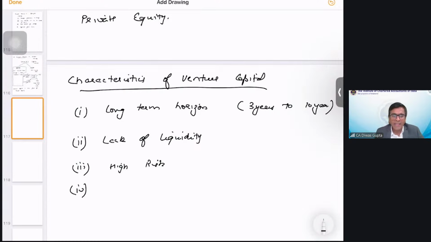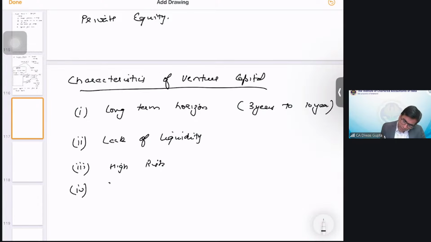So they might end up losing their investments also. But at the same time, if the risk is high, the rewards are also very high, which is 7-8 times in 5 years. That is a quite phenomenal way of growing your money, right?